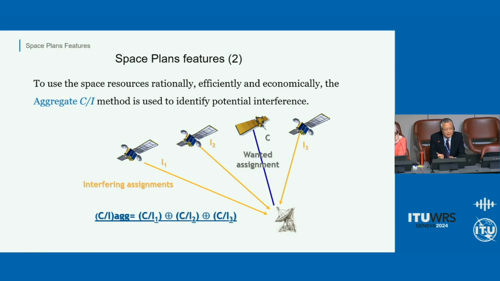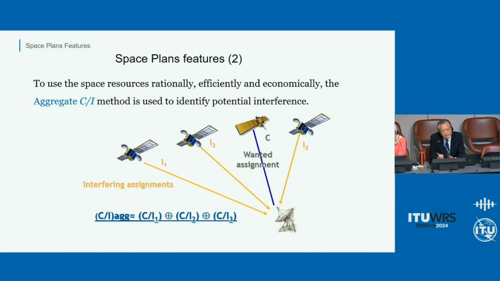As you can see on the screen, we have three interfering satellite networks and one wanted satellite. So the C/I is considered with I1, I2, I3 from all these three interference sources, and we calculate the C/I.